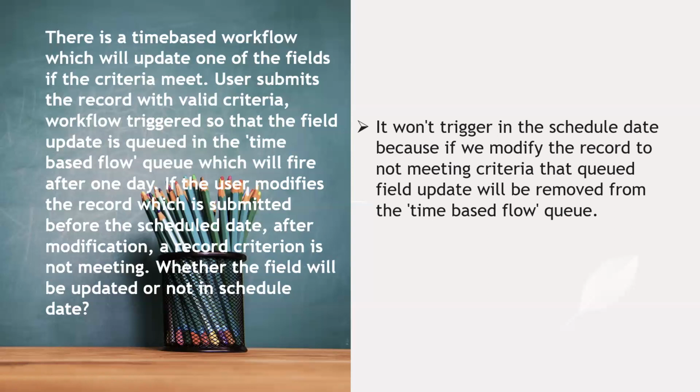That's what it says: if the user modifies the record before the scheduled date, meaning before tomorrow afternoon 2 p.m.